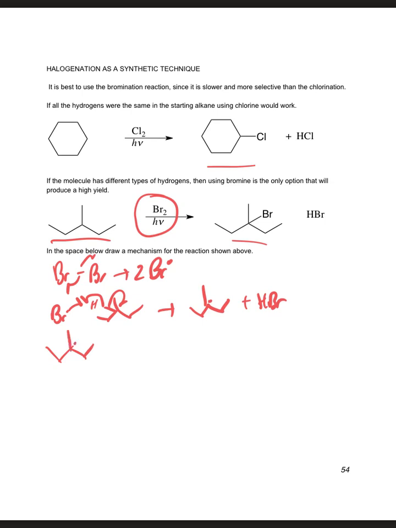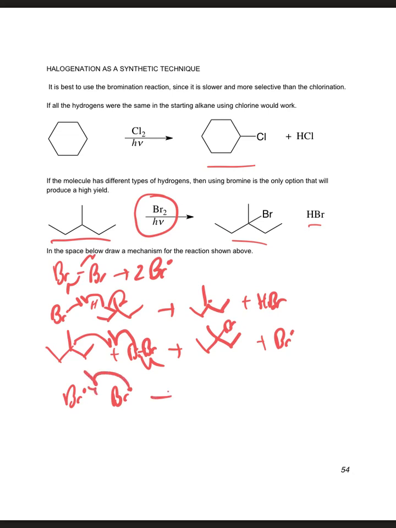Then that 3 carbon radical can react with more Br2 to form our product of the 3-bromo-3-methyl pentane plus a new bromine radical. And then, since we formed both of our products, the HBr and the bromo-methyl pentane, we can react our bromine free radicals together to form Br2.